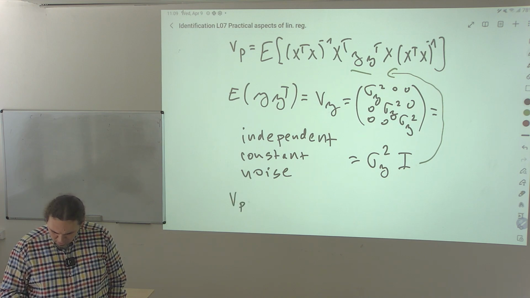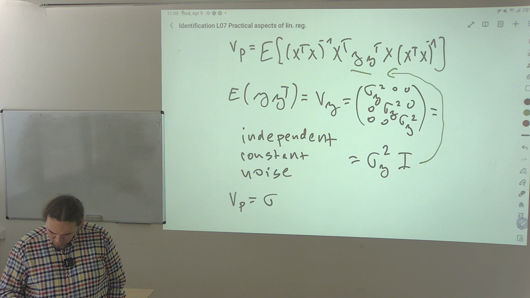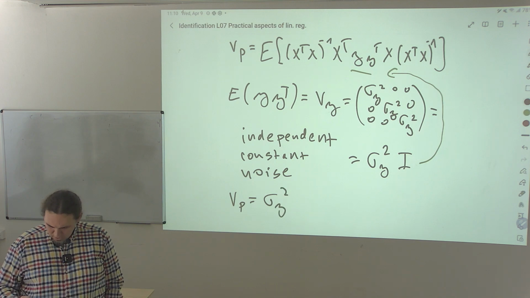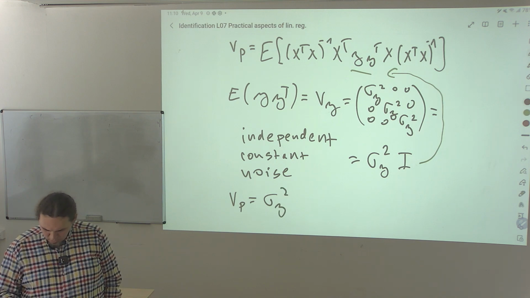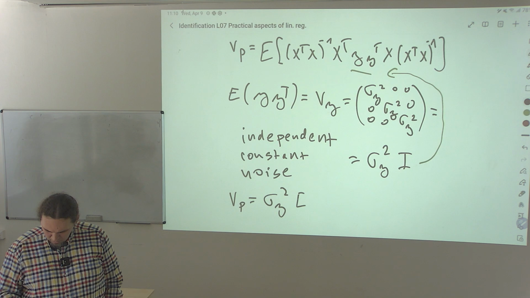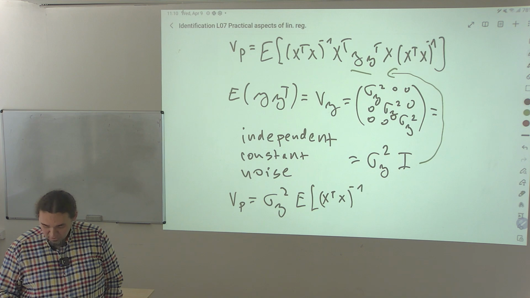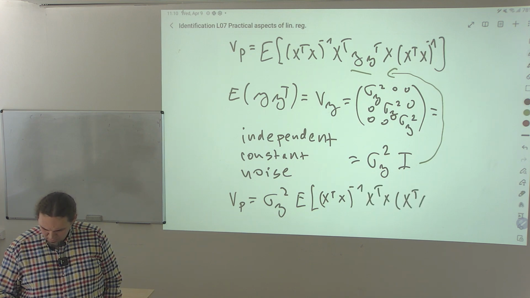So that means, just say sigma square, and we have here already a bunch of similar terms. They will simplify nicely.